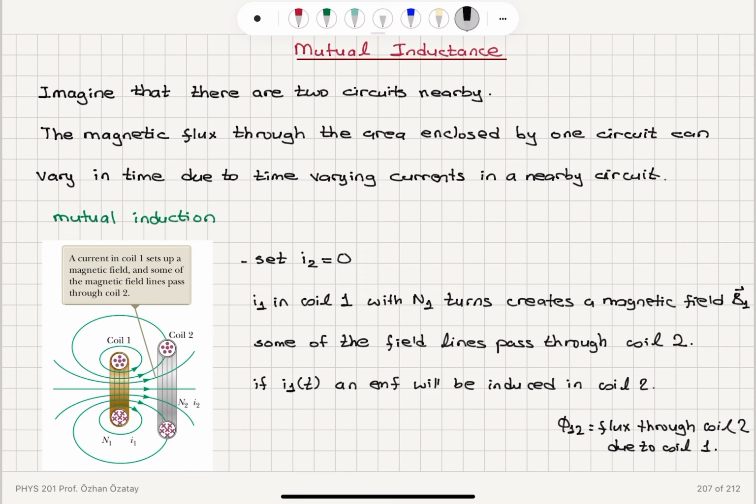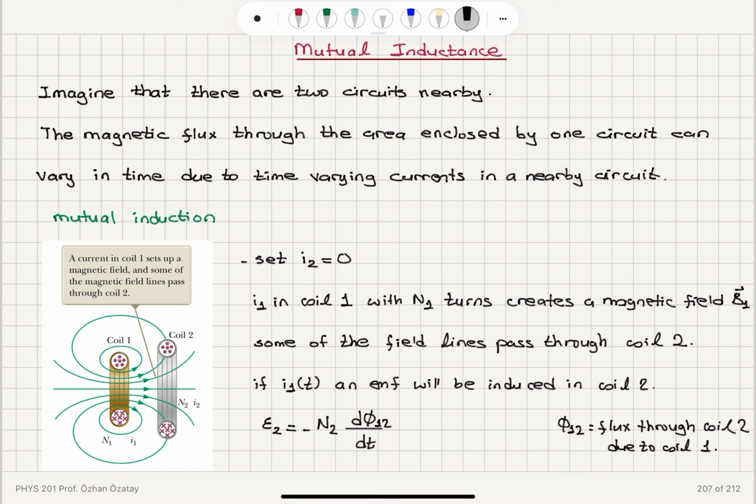And if I write Faraday's law, the induced EMF on coil 2, epsilon 2, will be equal to minus the number of turns N2 in coil 2 times d phi12 dt. So phi12 is the flux through coil 2 due to coil 1.